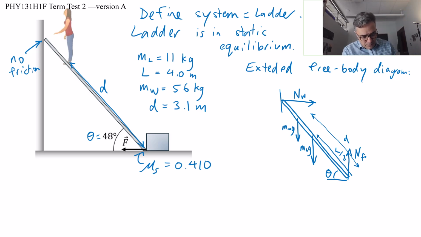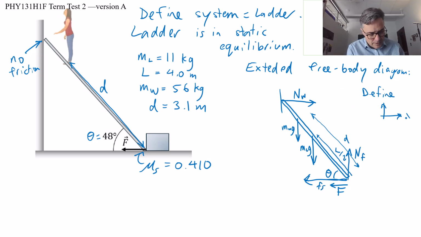And then the other thing that you've got is there's actually two forces here. There's the force of static friction to the left, and there's F to the left, both acting. So I've counted 1, 2, 3, 4, 5, 6 forces, and we will define plus y to be up, plus x to be to the left, and I'll put a pivot here at the base.